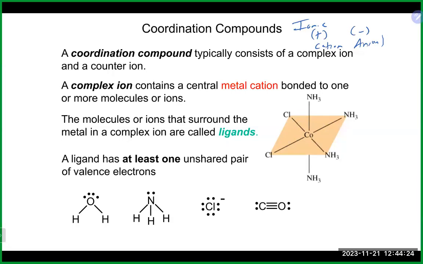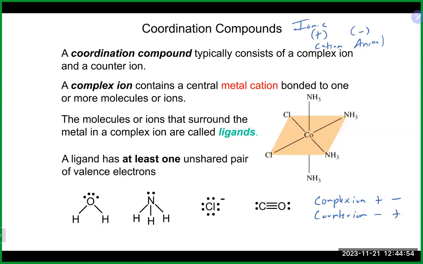And in terms of charges, you can really have any charge in a sense. What I mean by that is you will have your complex ion and you will have your counter ion. If your complex ion is positive, you will have a negative counter ion. And if your complex ion is negative, you will have a positive counter ion. The idea of the counter ion is to balance it out, really like an ionic compound, to zero overall charge.